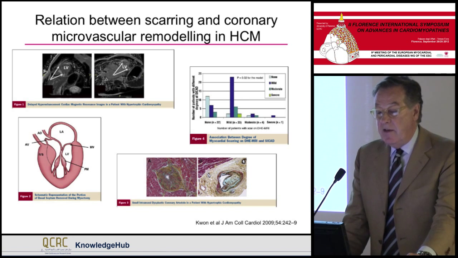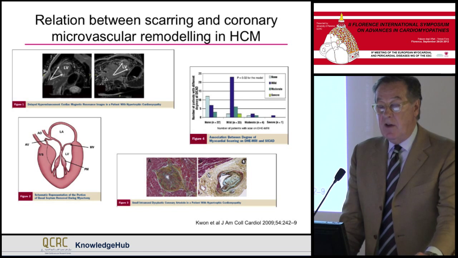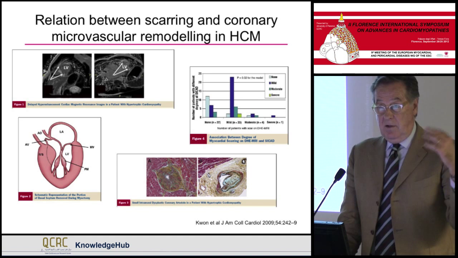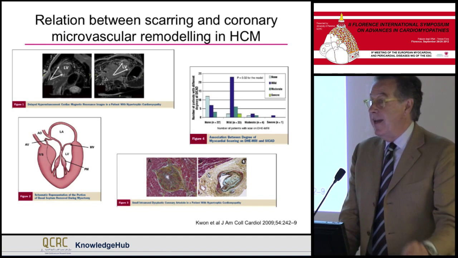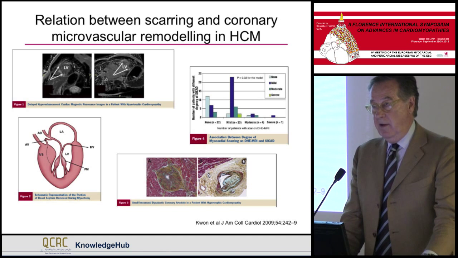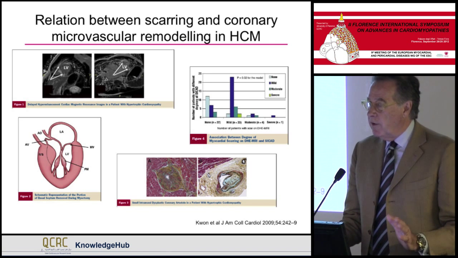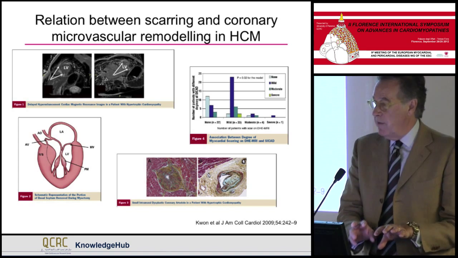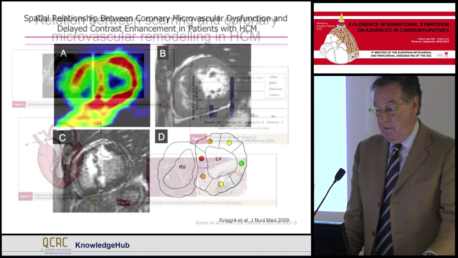Before myectomy, these patients had late gadolinium enhancement in the septum, and at histology of the myectomy specimen ex vivo, there was severe microvascular remodeling in the same area. This is not proof of a causal link, but it strongly suggests a link between this anatomical remodeling and the presence of late gadolinium enhancement in the septum.